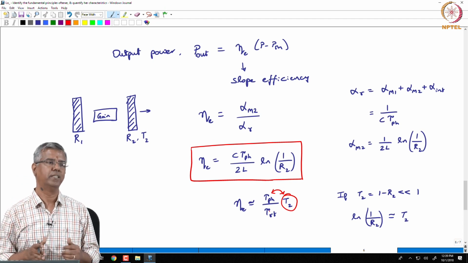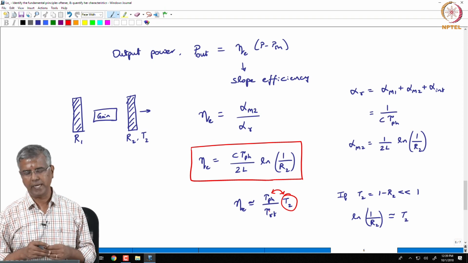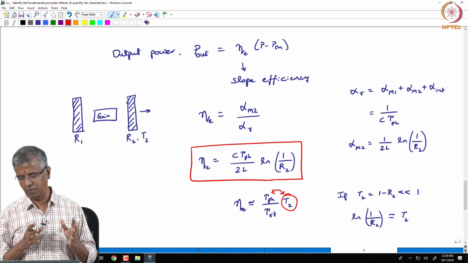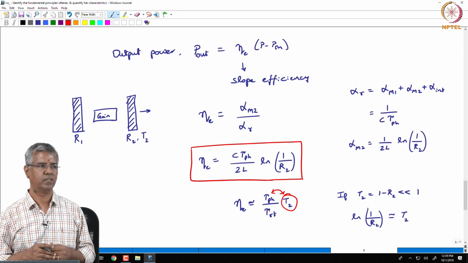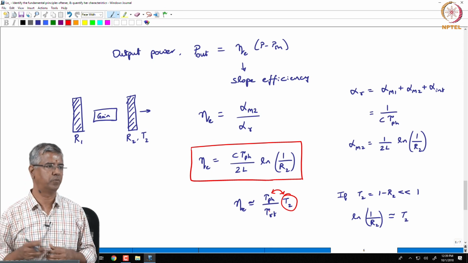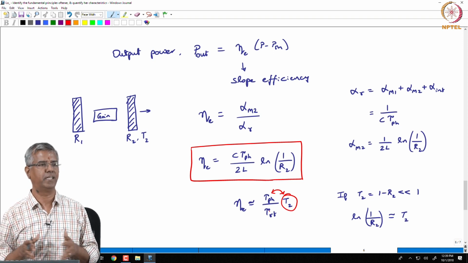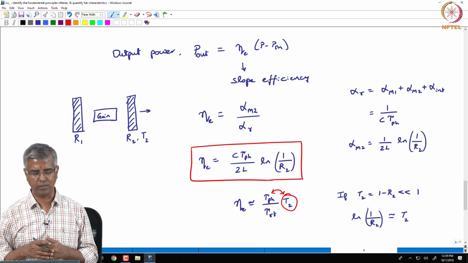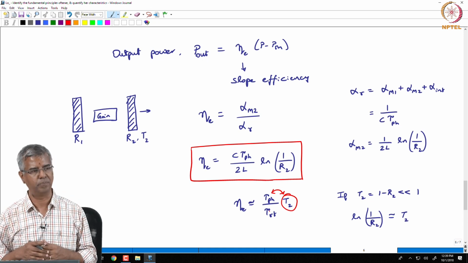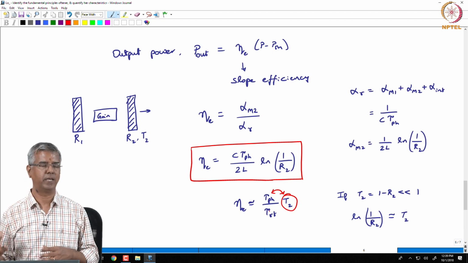On one hand, you can get to very low thresholds, or in this case you can also say it can give very high slope efficiency, by making highly reflecting mirrors, so both R1 and R2 are high values. But in that case you are not extracting much power from the cavity.